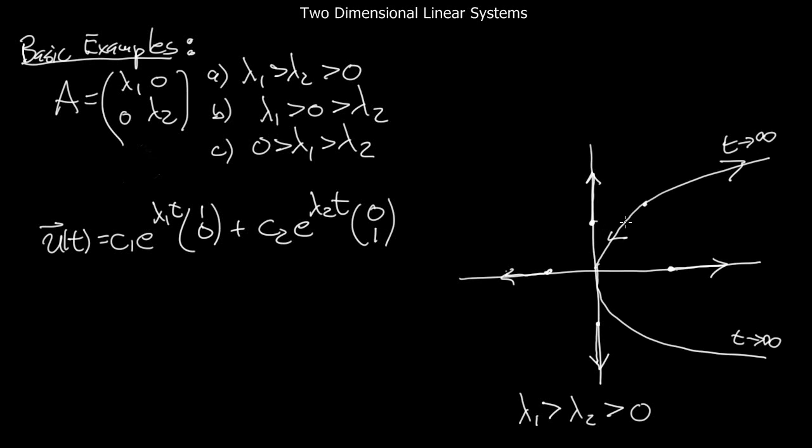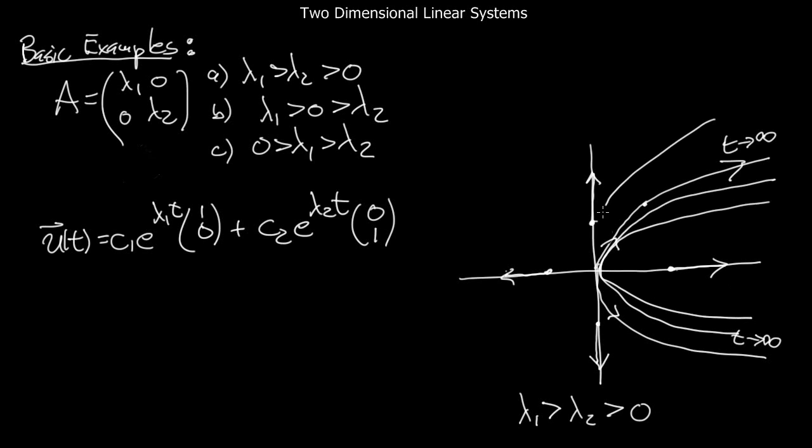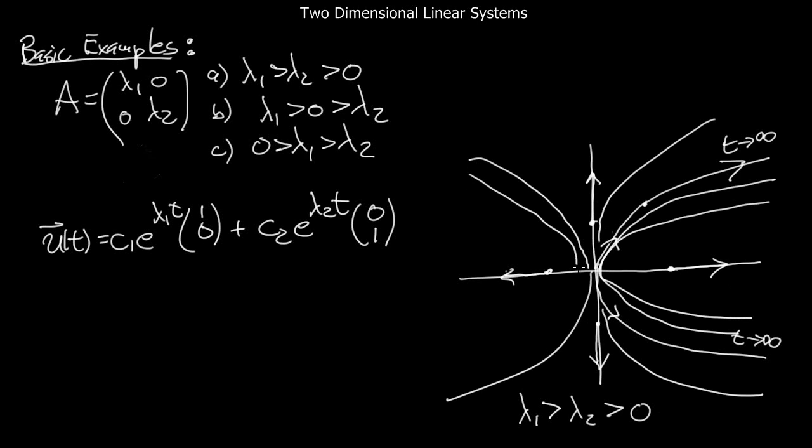They go out to infinity as t goes to infinity, and you put the arrows on to illustrate it this way, and you get a whole family of these which looks something like this. And similarly, in the left quadrant, the curves all look something like this, with the arrows pointing out towards negative infinity.